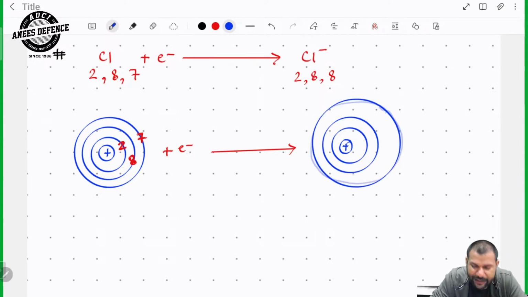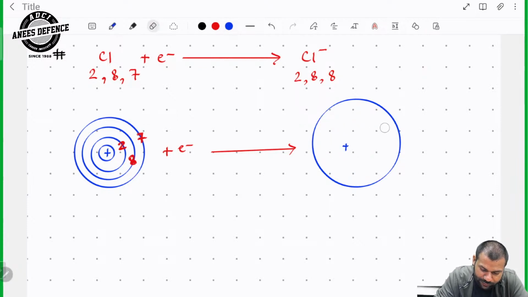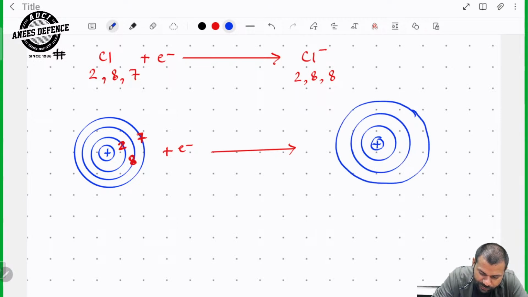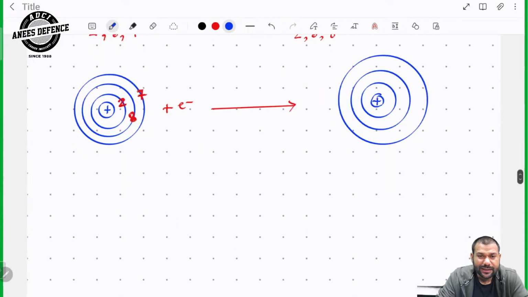So it will be something like this, right? We can state that after gaining the electron, the arrangement is 2, 8, 8.